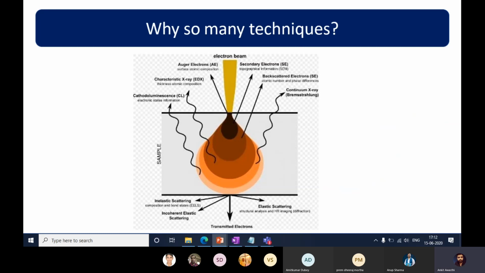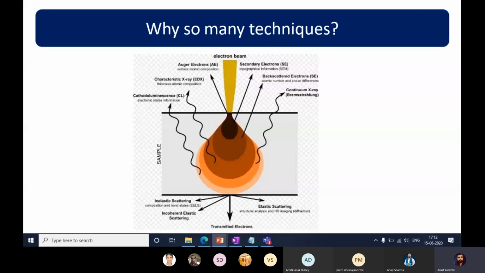So let's say in this case, you can see there is an electron beam which is coming on the surface. We are just using the electron beam to analyze the characteristics of the surface. But because of that electron beam, you can see there are so many things happening to the sample.